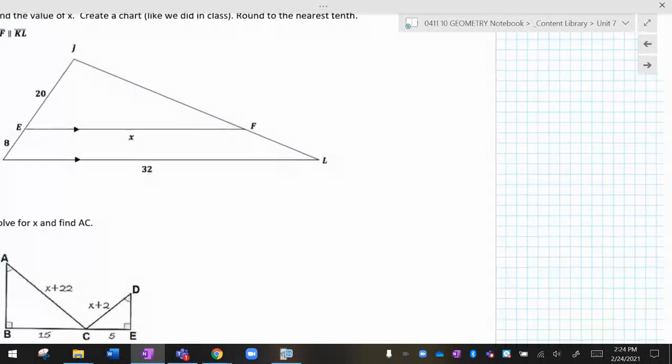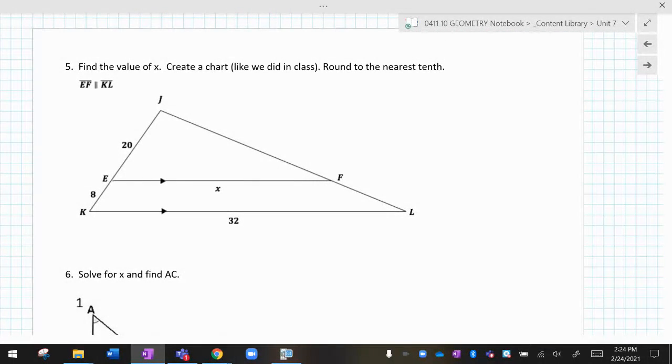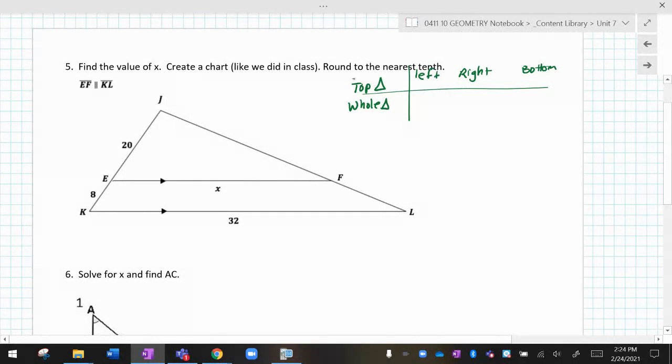Find the value of x, create a chart like we did in class. Okay, so if I'm going to create a chart, I have my top triangle and my whole triangle. And I'm going to call these the left side, the right side, and the bottom. So in the top triangle, the left-hand side is 20, the right-hand side I don't know, and the bottom is x.